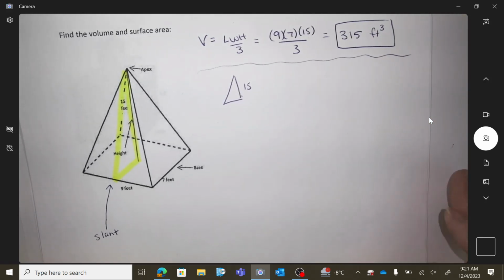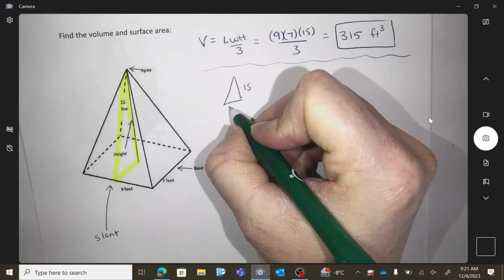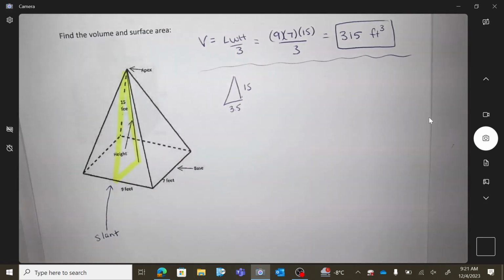Looking at my yellow triangle, you've got to visualize that. Up and down is 15. The bottom of this yellow triangle, think about that a second. Did you put 3.5 on the bottom of it? Okay, so there's your a squared plus b squared stuff. So you can go ahead with that.